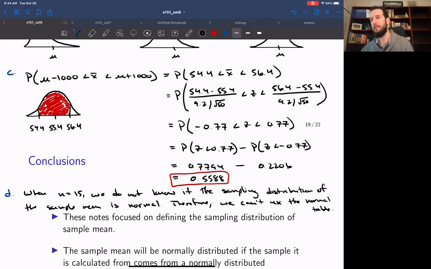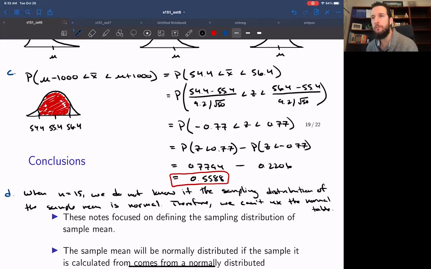So basically, the calculation that we did in part C, we're only allowed to do that because we know that when n is equal to 50, the sampling distribution is going to be approximately normal. When n is equal to 15, we don't know. In this case, we actually don't know what shape the sampling distribution is going to take on.